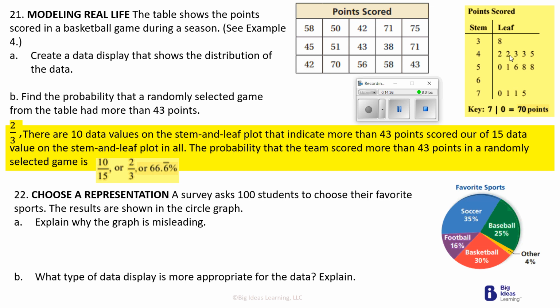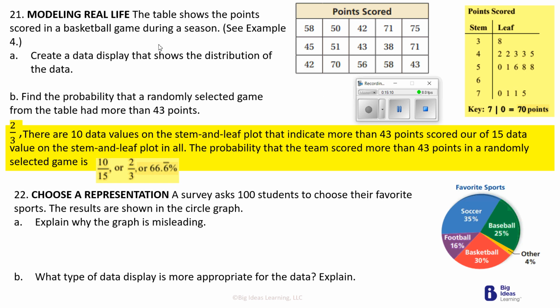Let's do that again. 1, 2, 3, 4, 5, 6, 7, 8, 9, 10. Looks to me like there were 11, but there are 10 data values on the stem and leaf plot that indicate more than 43 points scored and 15 data values. I think it means out of 15 data values. Okay, this is 15 data values here.